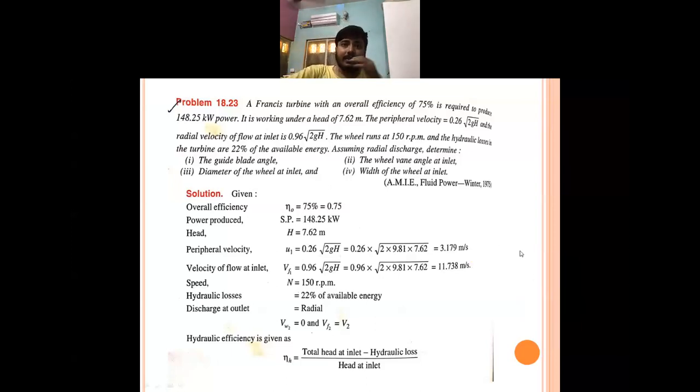So let us see what data is given. First, the overall efficiency is 75%. Next, the power, that is known as the shaft power, is given, that is 148.25 kilowatt. The net head is given as 7.62 meter.